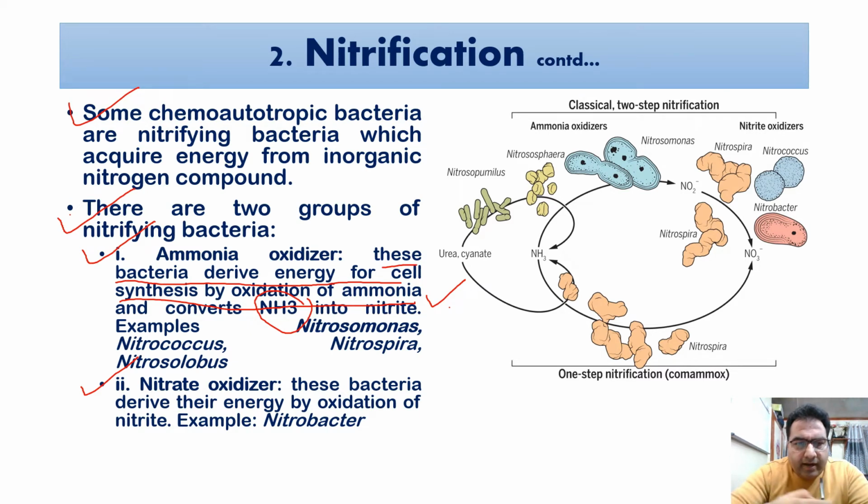The nitrite oxidizers are bacteria which derive energy by oxidation of nitrite. We call them Nitrobacter, and we also call them the nitrite oxidizers.